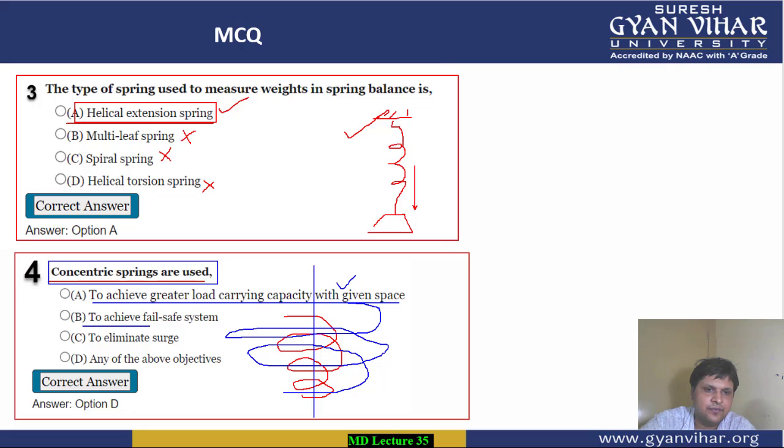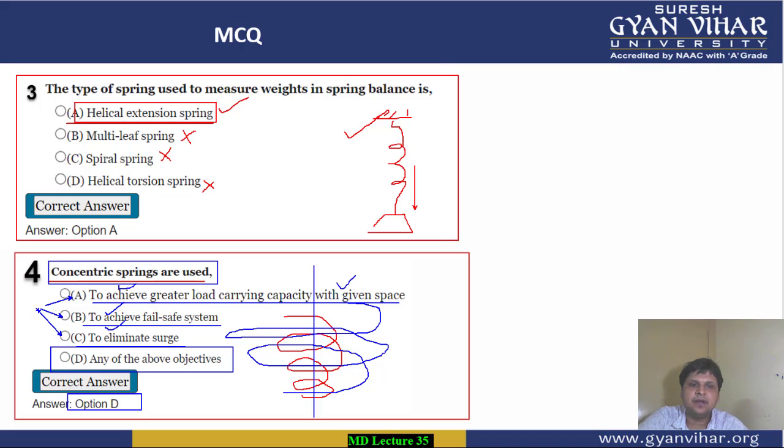To achieve a fail-safe system, this is also correct. Third, to eliminate the surge in the spring, this is also correct. So if all three options are correct, then D, which says any of the above objectives, is the correct option. All these three are the benefits of a concentric spring: greater load carrying capacity, fail-safe operation, and the elimination of surge.